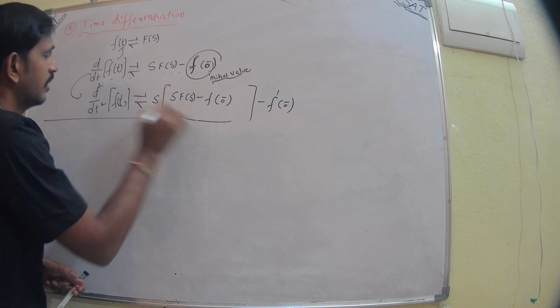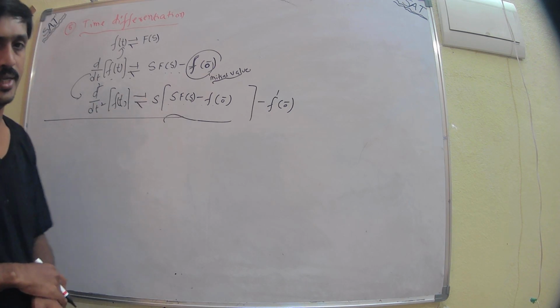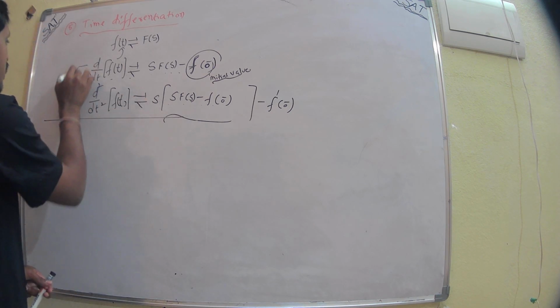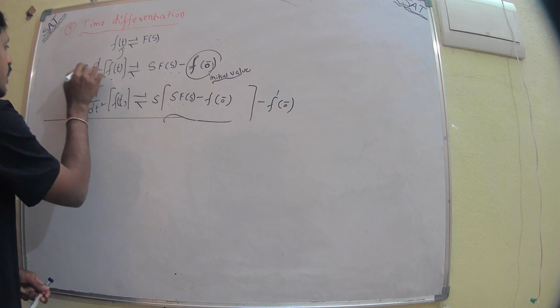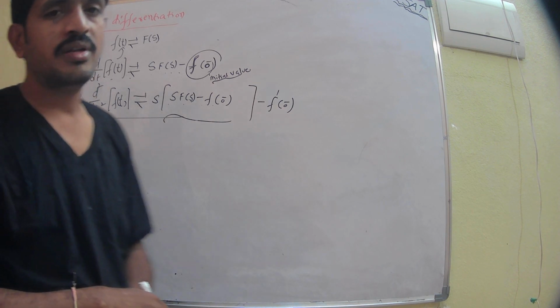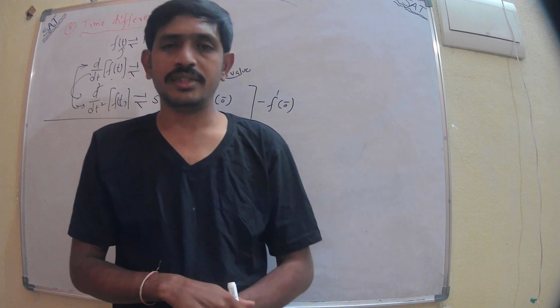This is called the time differentiation property. Please remember, this is very important to get the solution of a time domain function.